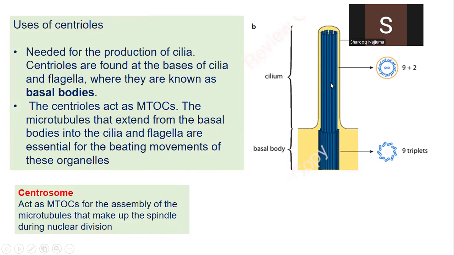So centrioles act as microtubule organizing centers, especially in cilia and flagella. Now we have a centrosome as another organelle. Remember, a centrosome is that region where centrioles are found. That centrosome also acts as a microtubule organizing center, especially during the formation of the spindle, during mitosis, during nuclear division in an animal cell.